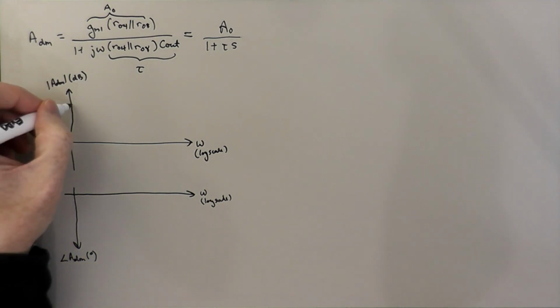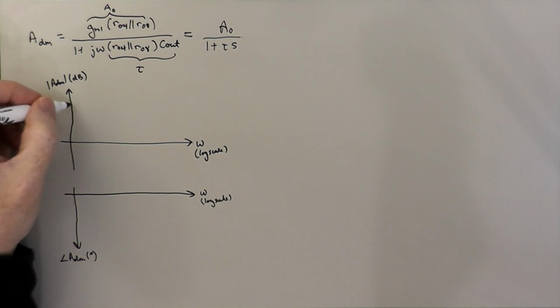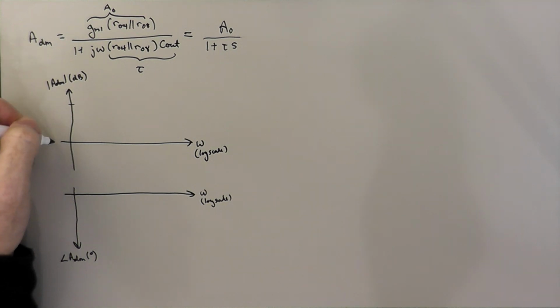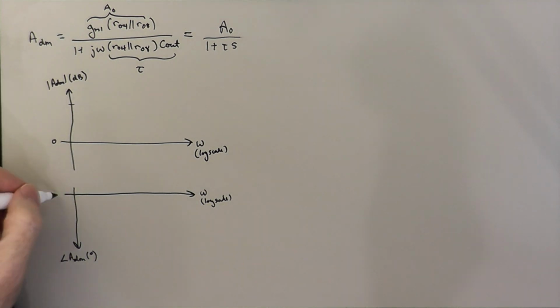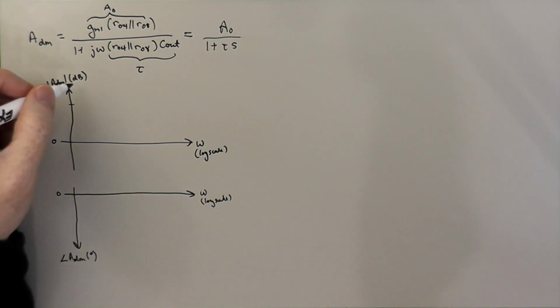But it's going to be a number that's bigger than 1. And so when you express that in dBs, which is 20 log to the base 10 of whatever that number is, a gain of 100 would be 40 dBs. 20 times the log to the base 10 of 100 is 20 times 2, or 40. So that'll be up here somewhere. So if this is the 0 dB line, and this is the 0 degree line, it might be somewhere up here.